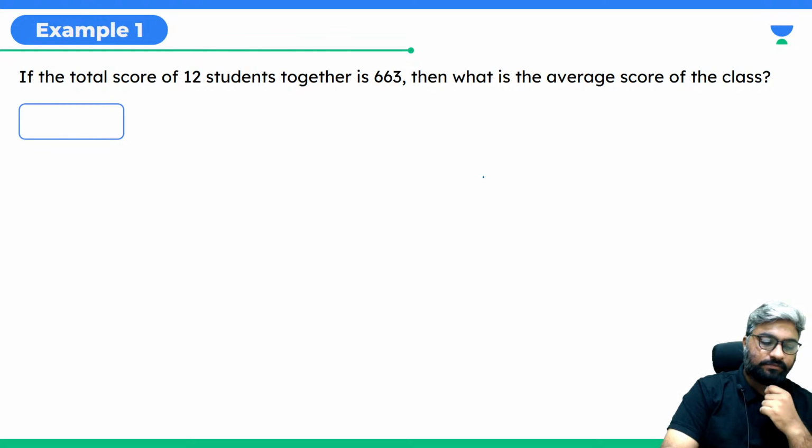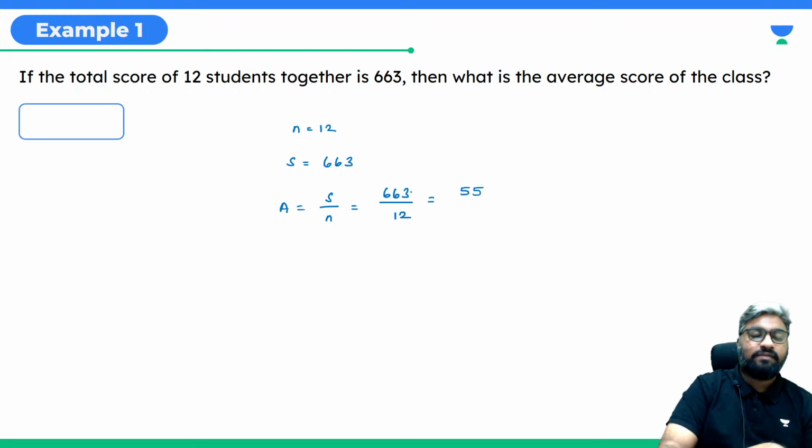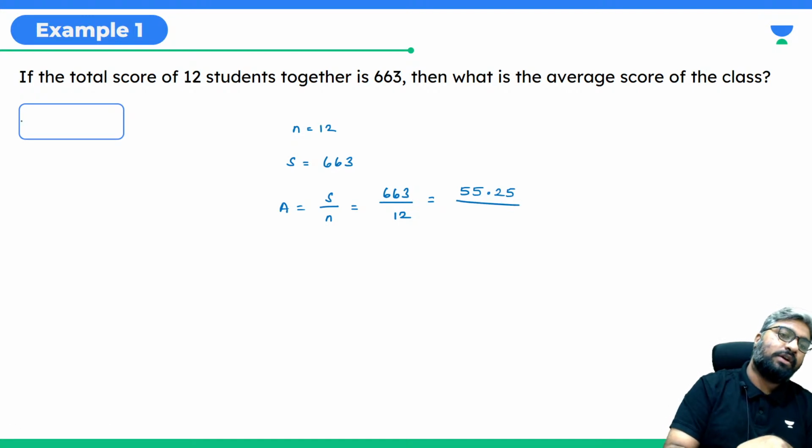55.25. Very good, beautiful guys. So what do we have? Number of students is 12. The total marks of these 12 students is 663. So average is sum of terms by number of terms, which is 663 by 12. 60 is 5 times, so this is 55. 3 by 12 is 1/4, which is 0.25. 55.25 is the average.